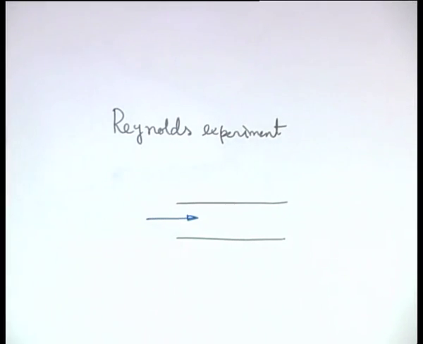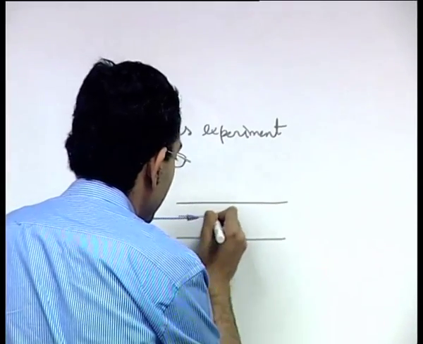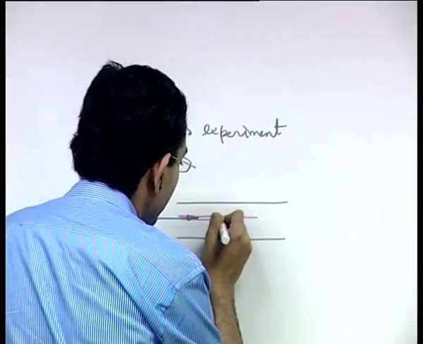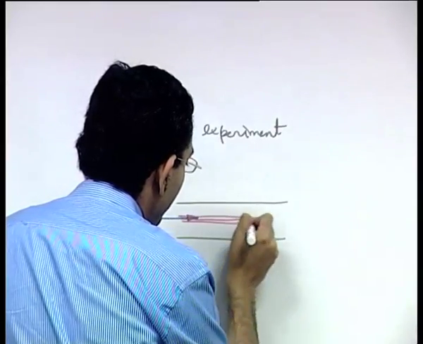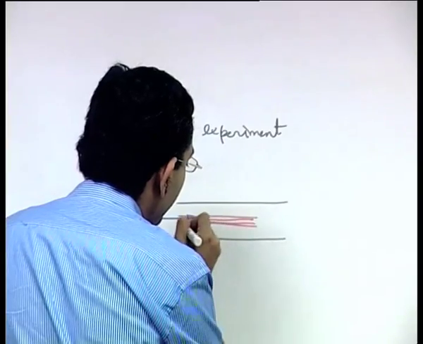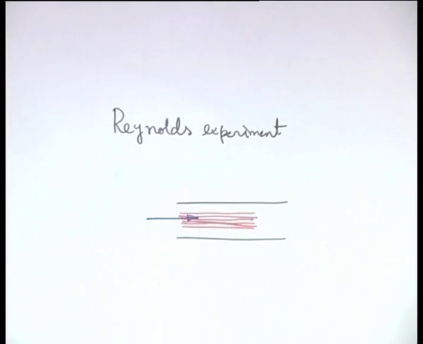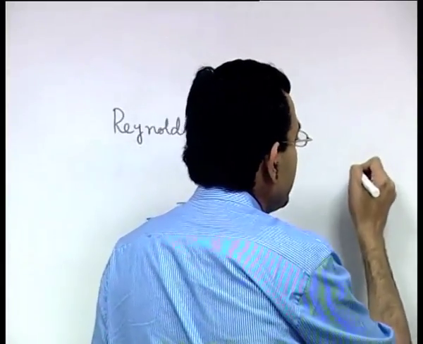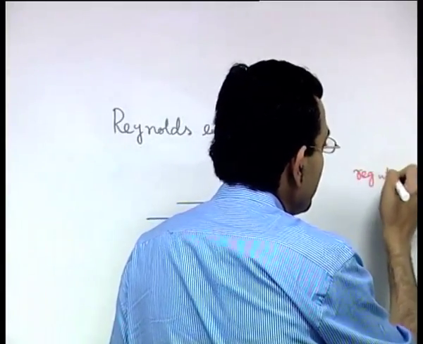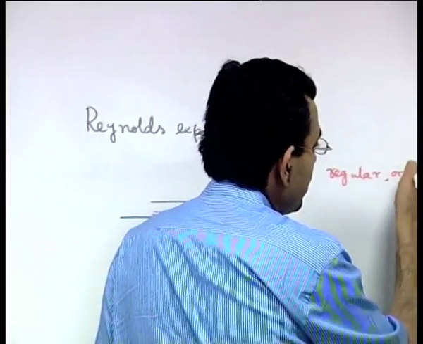The colored dye forms layers one over the other because of orderly motion of the fluid elements. So you have, for low fluid velocities, a regular orderly motion of fluid elements.